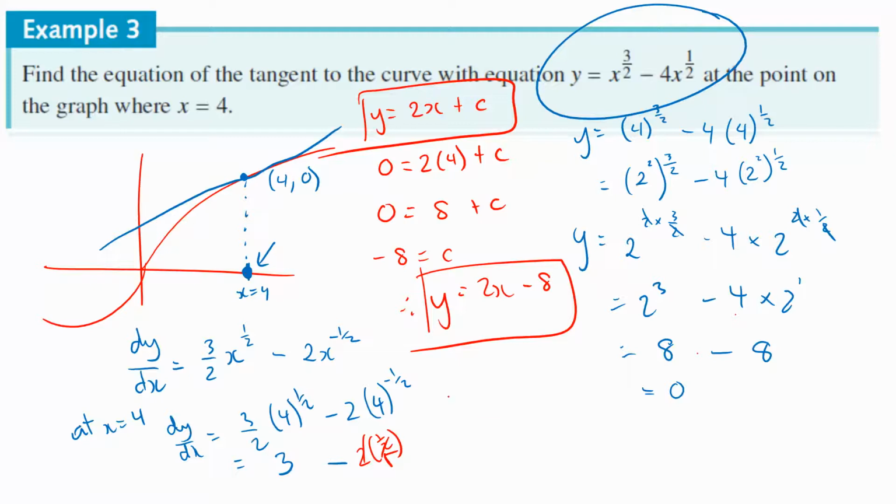Was that square root of 4 negative, so it was half or negative half? If it's negative half, it becomes 3 plus 2, which is 5. Then 5 times 4, so you can either have y equals 5x minus 20. That's another one there.